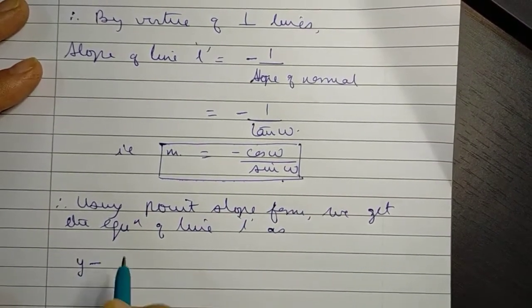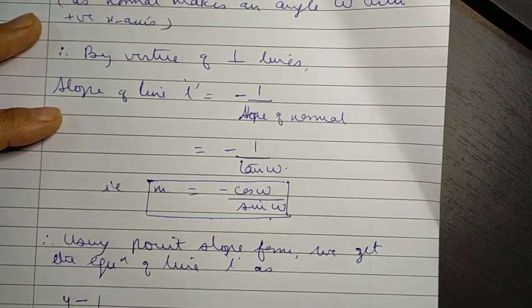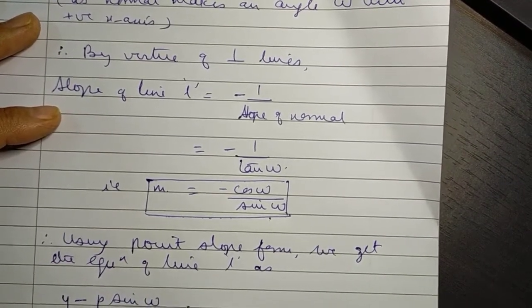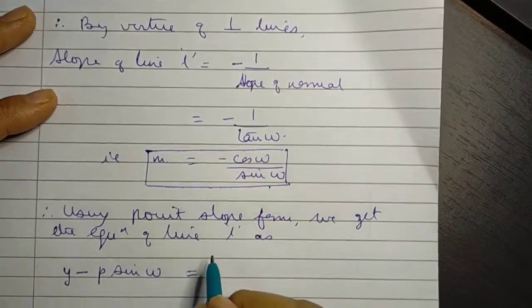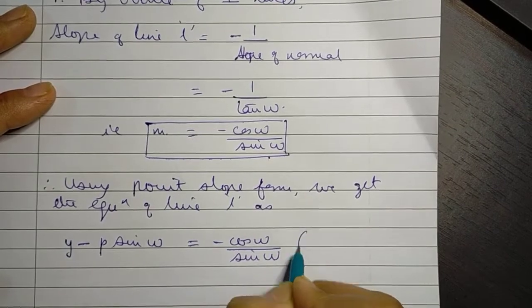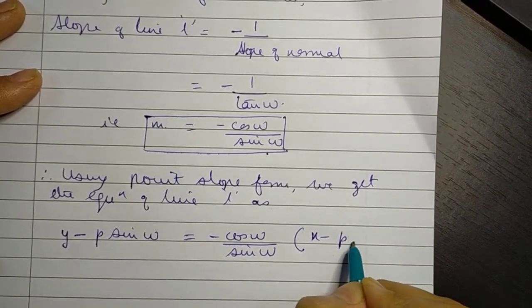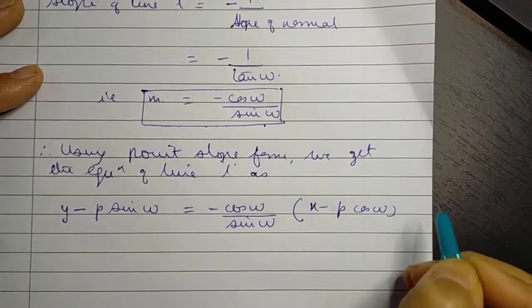We get y minus P sin omega is equal to minus cos omega over sin omega times x minus P cos omega.